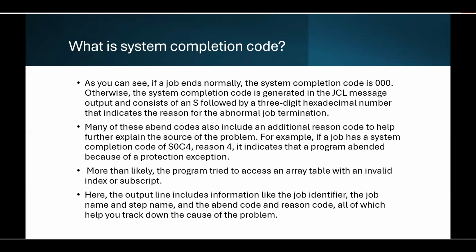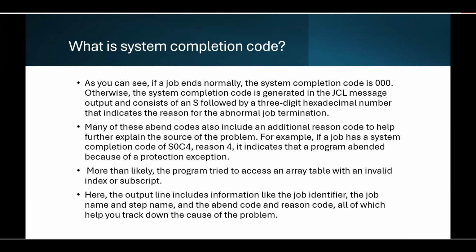Based on that error message, the reason code and the completion code, you can check what the actual issue with that program is. Is there any subscript or index issue? Is there any data issue? Is there any file issue? That's how you can reverse engineer and check what the issue is.